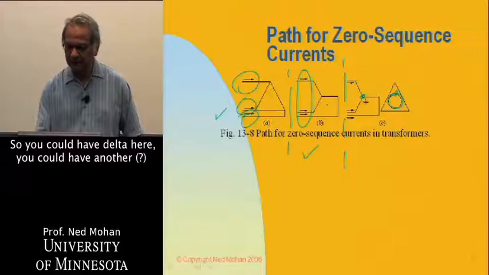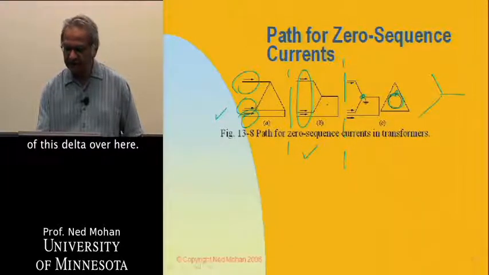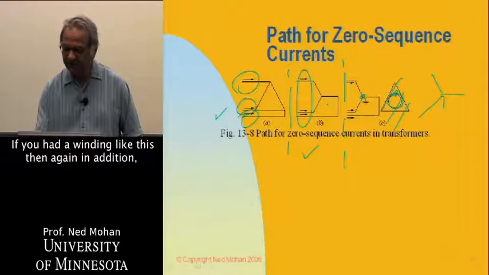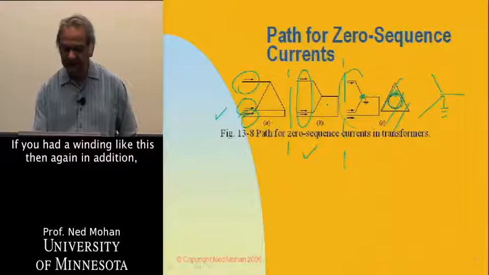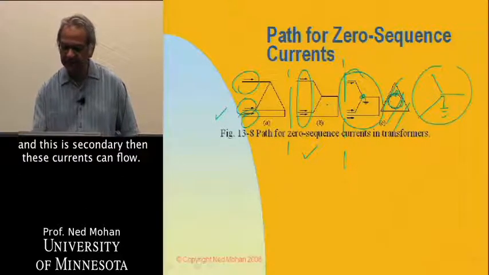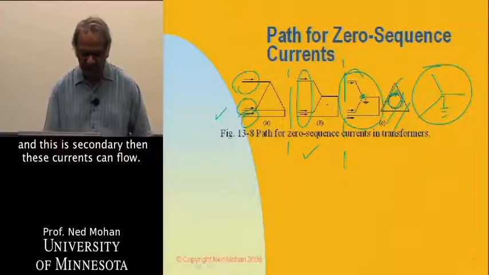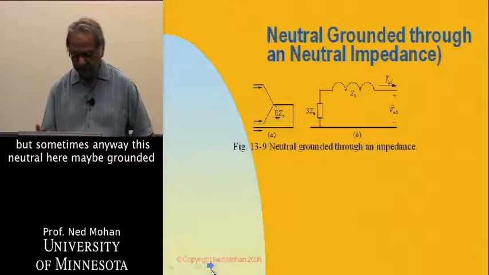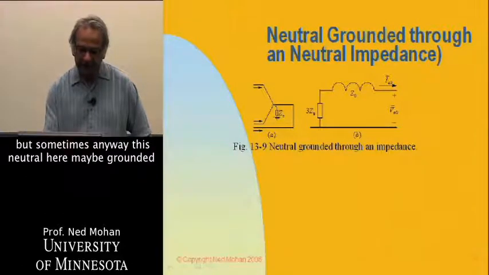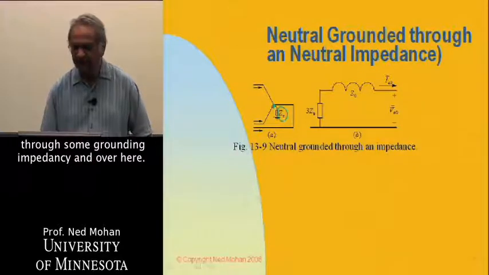So you could have a delta here, or instead of this delta, you could have another winding like this. Then again, let's say this is primary and this is secondary, these currents can flow. Sometimes this neutral may be grounded through some grounding impedance Zn.